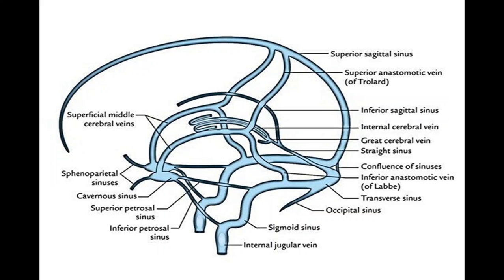So the two jugular veins, right and left internal jugular veins, are very important. They will be draining all the venous blood from the brain through these dural venous sinuses.